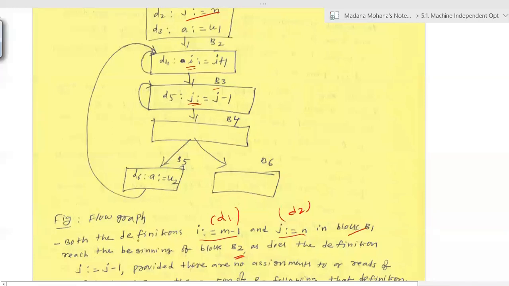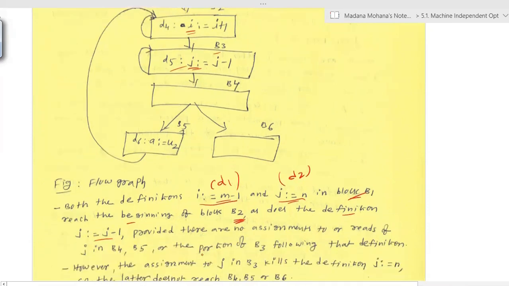So both the definitions of i and j in block B1 reach the beginning of block B2, as does the definition j equal to j minus 1 in D5, provided there are no assignments to or reads of j in B4 and B5. So in B4 and B5, there are no definitions of i and j.